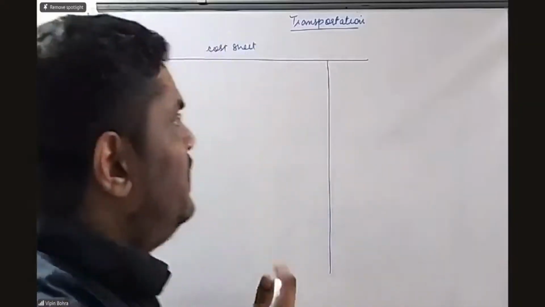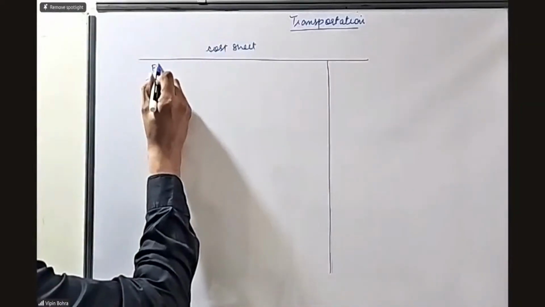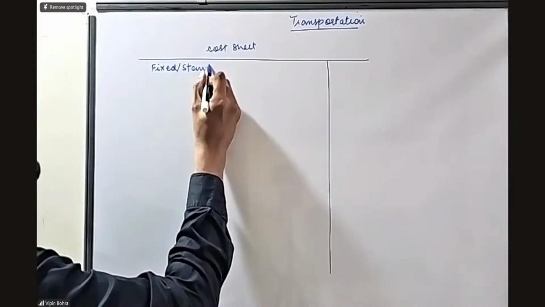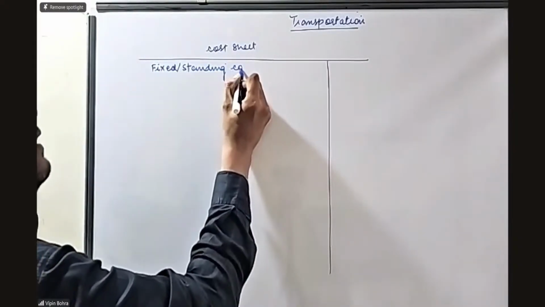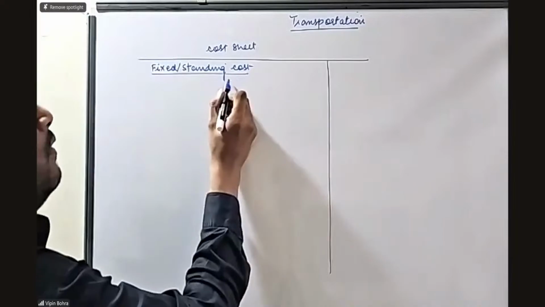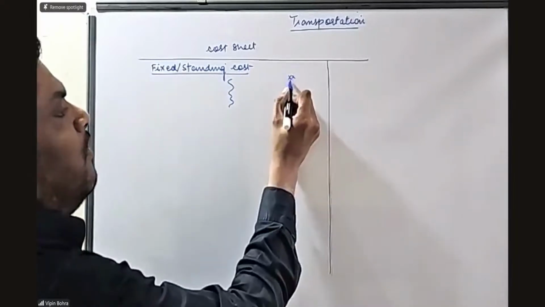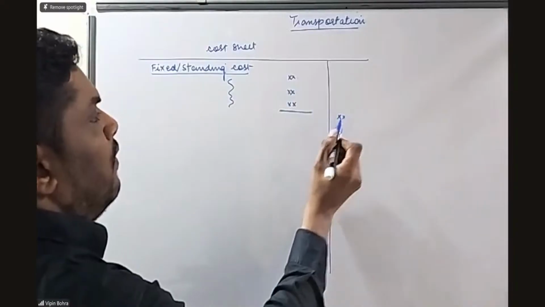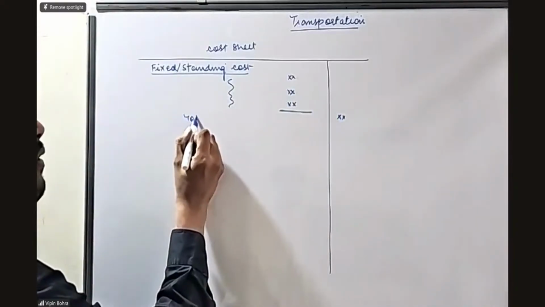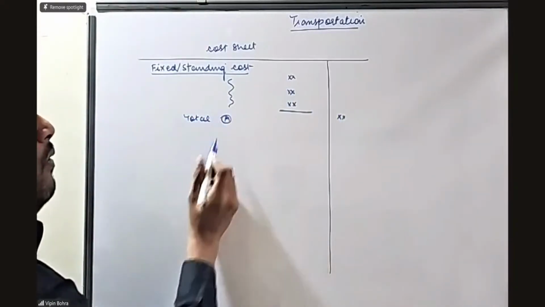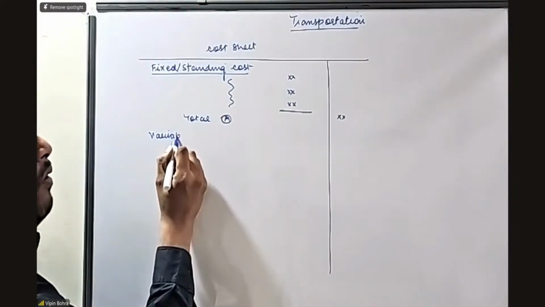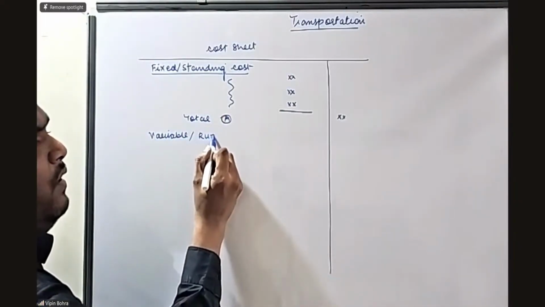The first part is fixed or standing cost. Next will be the variable or running cost.